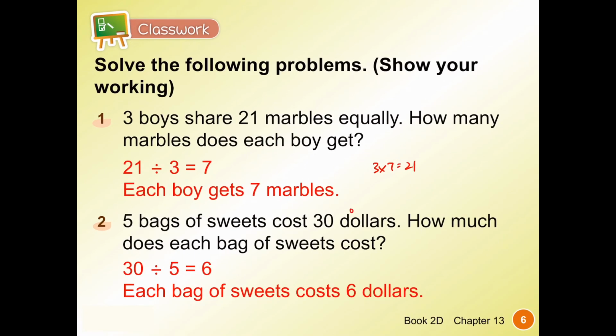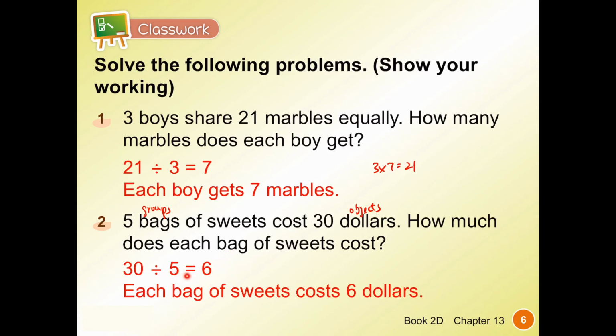So if we treat that as objects and then the bags are the groups, we would put the total number of objects here, or the $30 here, and then for our divisor we'll put the number of groups, because we want to find out the number of objects in each group, or the amount of each bag of sweets.